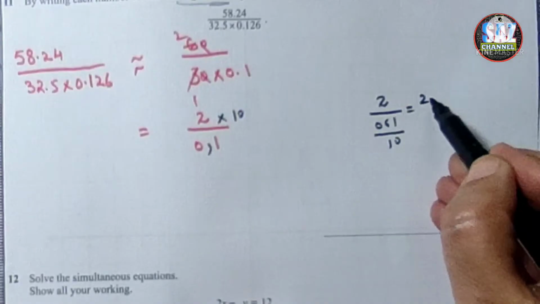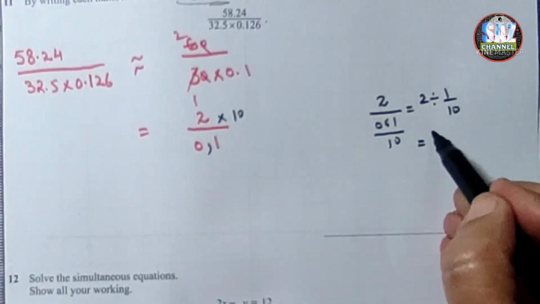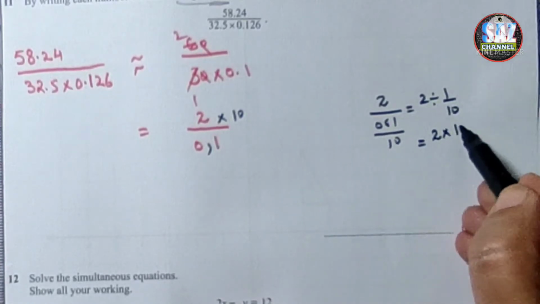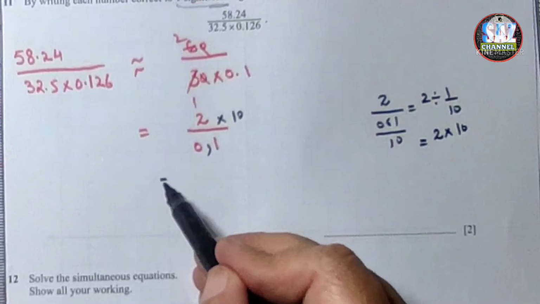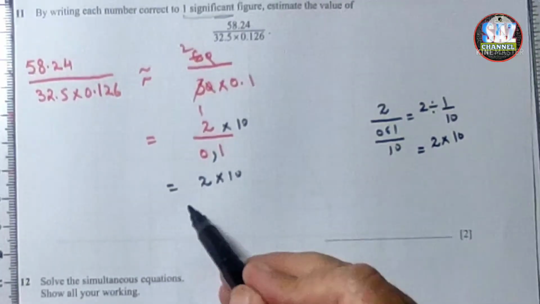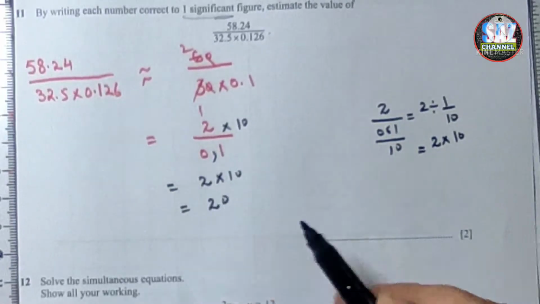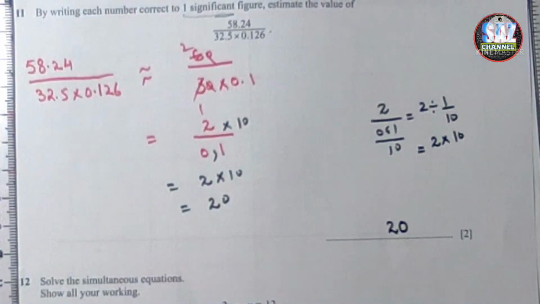Now this is 2 divided by 1 over 10. Division sign changes into multiplication sign, and we have to take the reciprocal. In any case, we will be reaching the same place, 2 multiplied by 10, which is equal to 20. Very easy question, and again you need to focus more on D1.